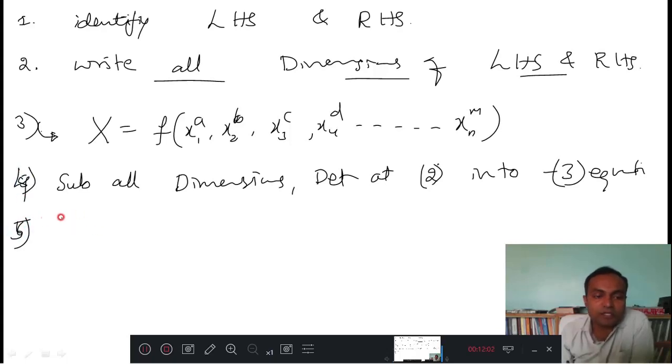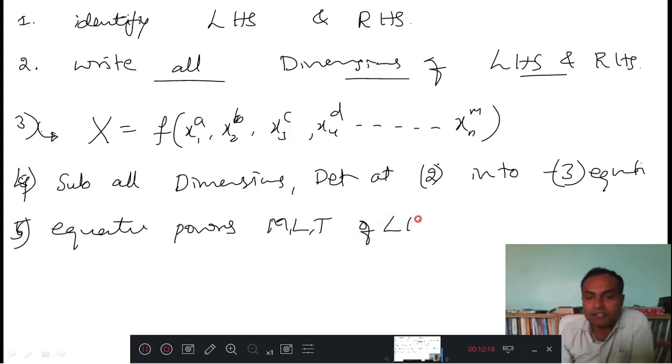Then the fifth point is to equate the powers of M, L, T of LHS and RHS.